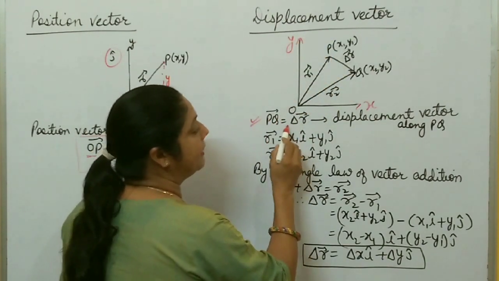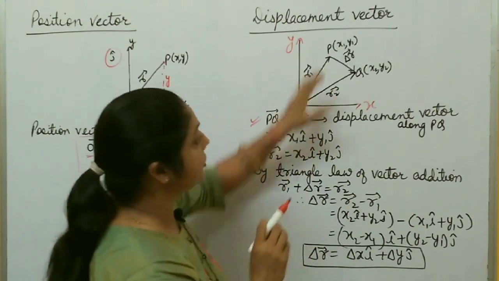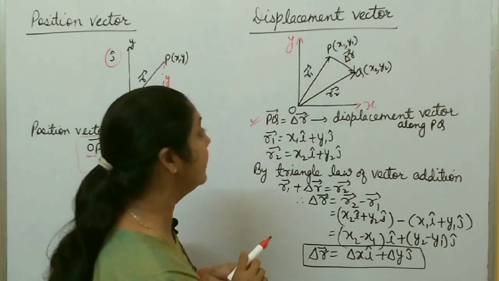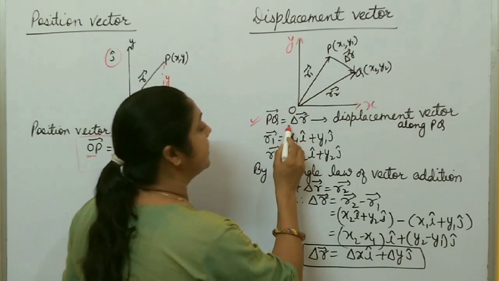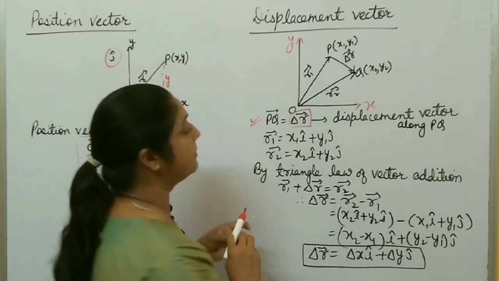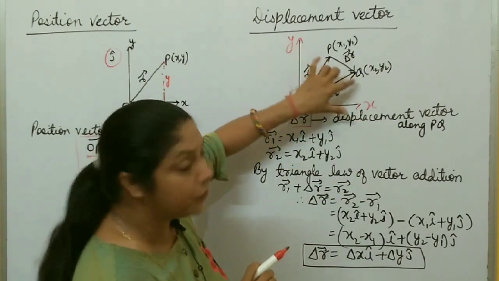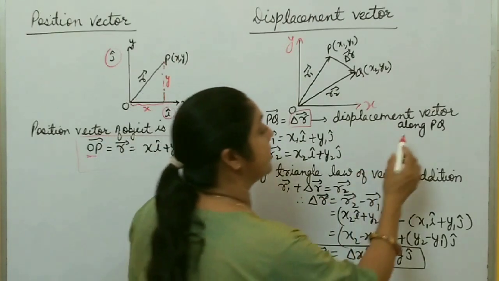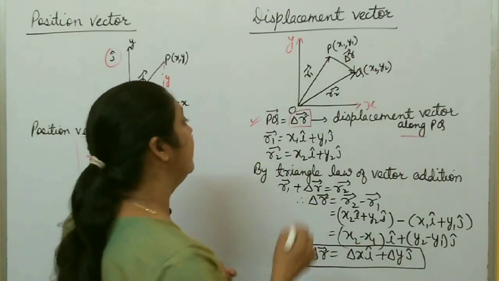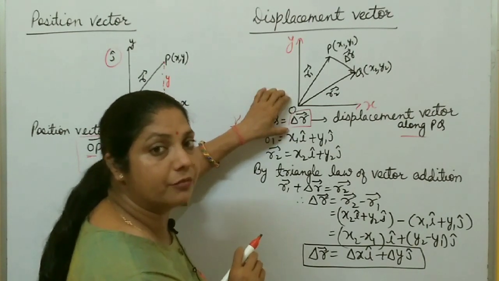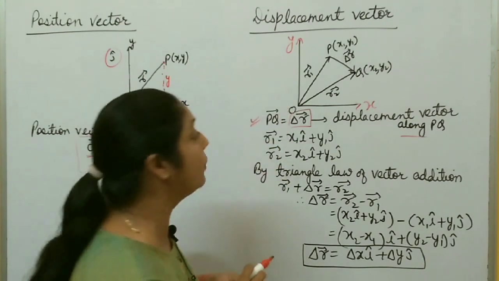It is represented by the change in position from one point to another in two dimensions. It is represented by delta r. Delta r represents the displacement vector from P to Q, so its direction is along PQ. Now what is the value of this displacement vector in terms of rectangular coordinates?